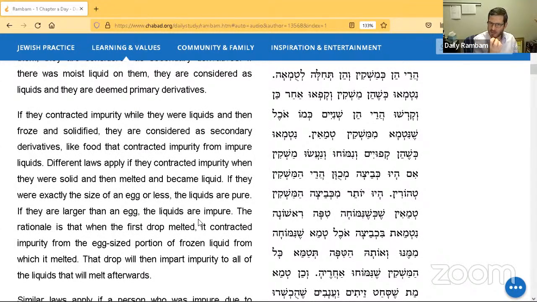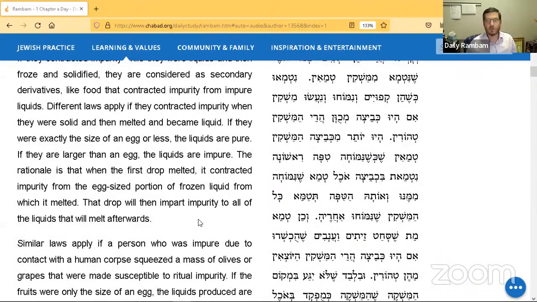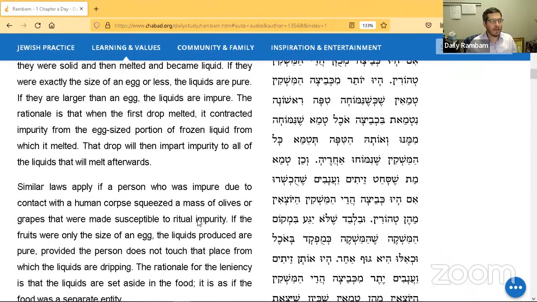So if the hardened thing is exactly the size of an egg, once it starts to liquefy, the solid is no longer the size of an egg in order for it to impart impurity. But if it's larger, once it starts to liquefy and the solid remains the size of an egg, that is going to transfer impurity onto the liquid, and that liquid in turn will impart it to the rest of the liquid.